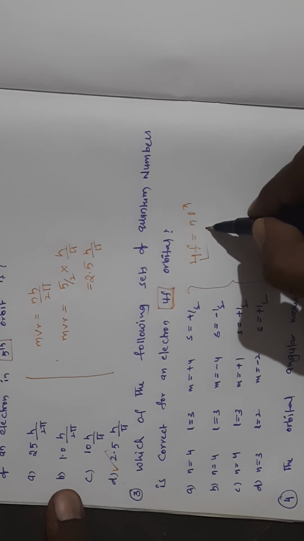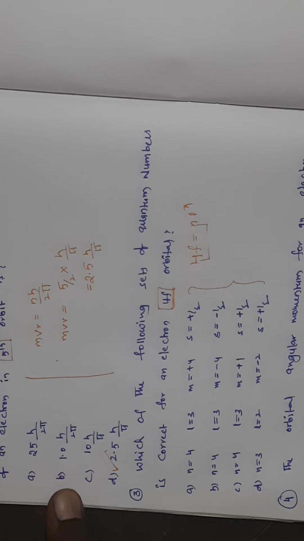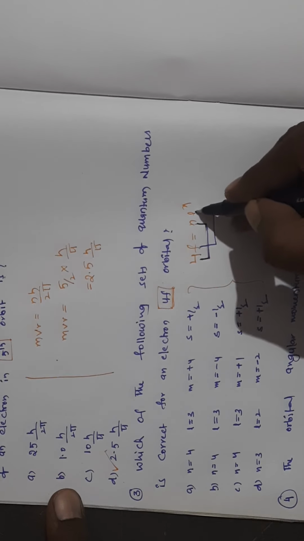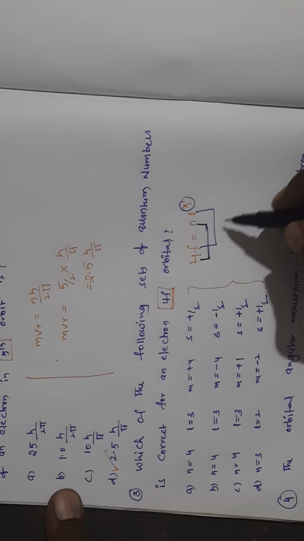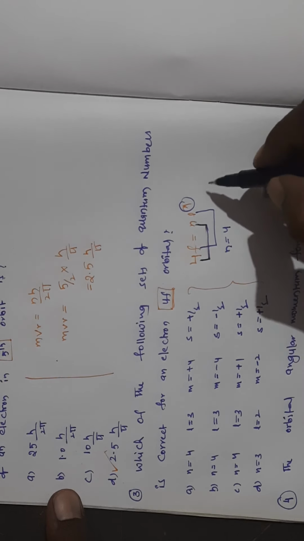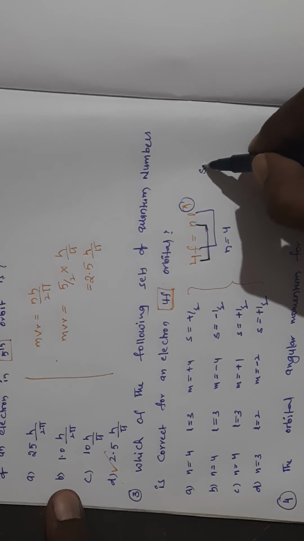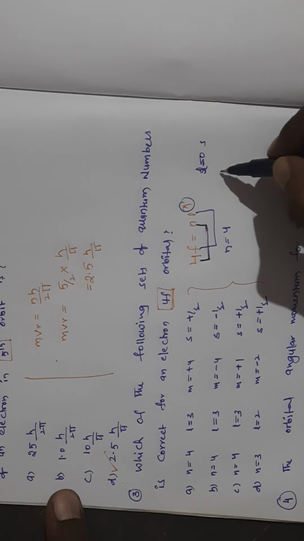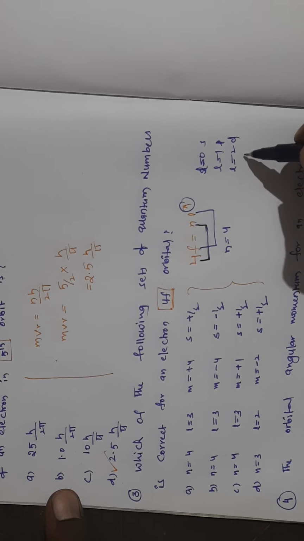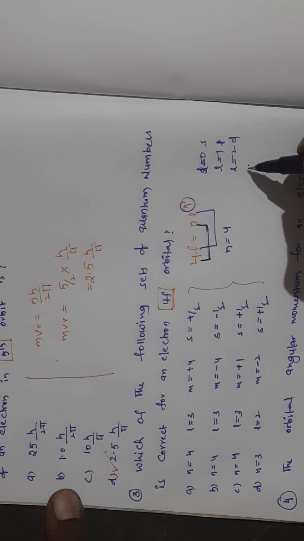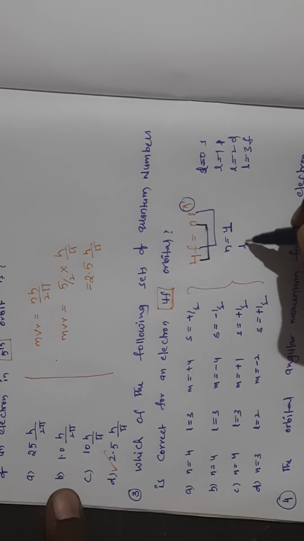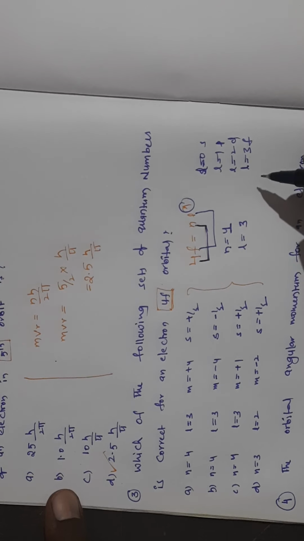Here n indicates the principal quantum number, L indicates the azimuthal quantum number, and x indicates the number of electrons. Now compare: n value is how much here? 4. For the f orbital, what is the L value? L is equal to 0 is the s orbital, L is equal to 1 is the p orbital, L is equal to 2 is the d orbital, and L is equal to 3 is the f orbital. So n value is equal to 4 and L value is 3, right?